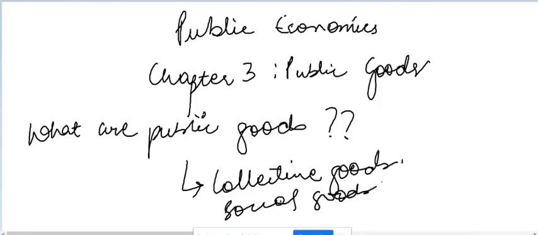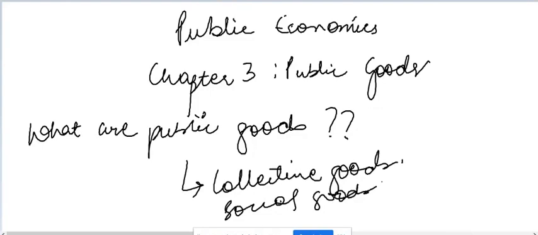They are the goods which all of the people can enjoy in common, in the sense that the consumption of this good by one individual does not lead to subtraction of the consumption of the good for other individuals.